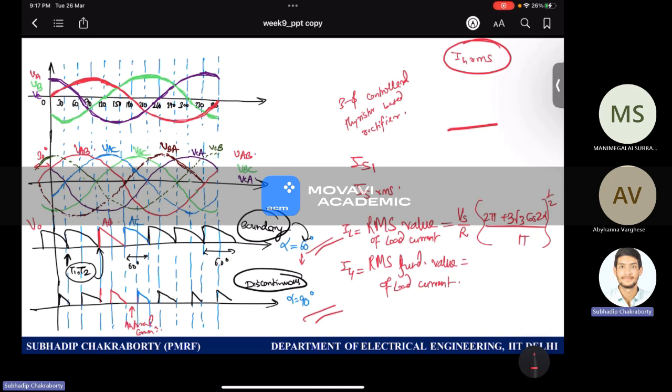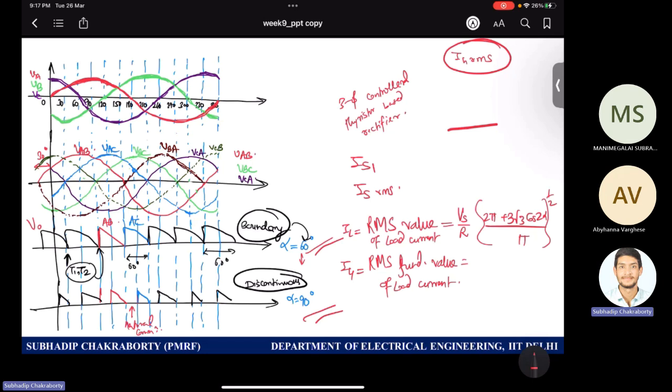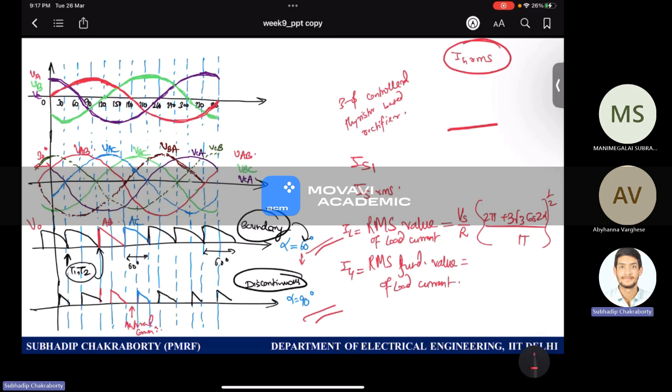As you can understand, the load current will completely depend on alpha because the voltage is already changing with alpha. And the RMS value of the fundamental component of load current. All of this we are talking on the AC side, not the DC side.